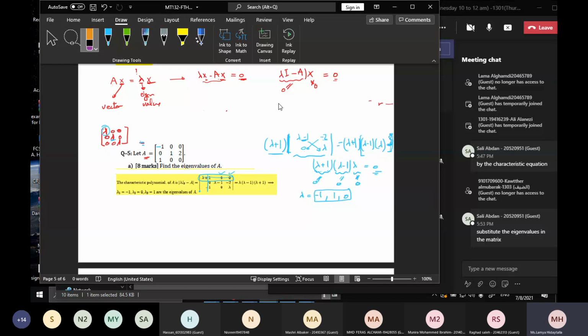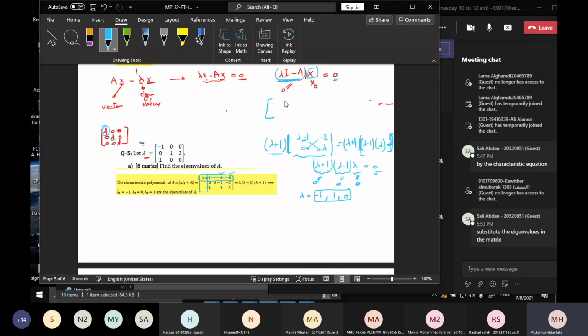I need the matrix lambda I minus A times X equals 0. Okay, so that is what. This is a matrix and this is a vector and equal to 0.